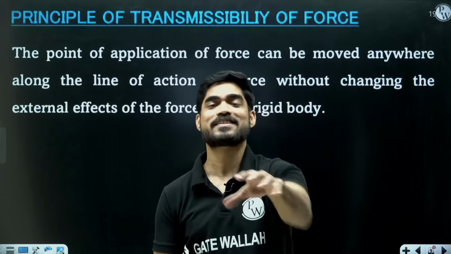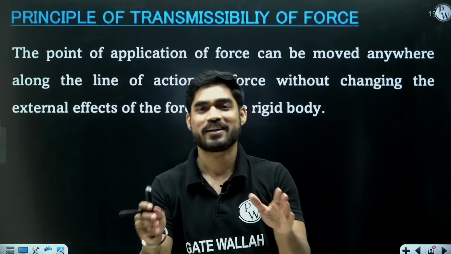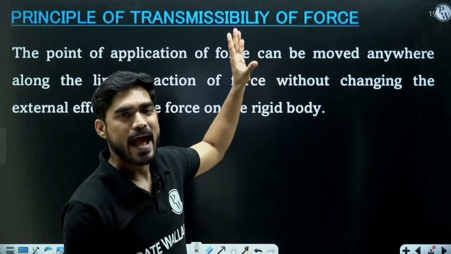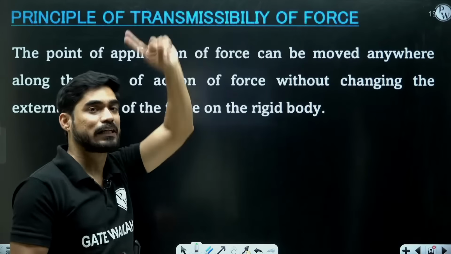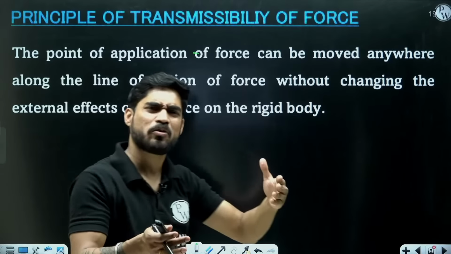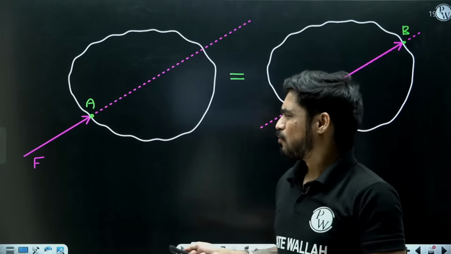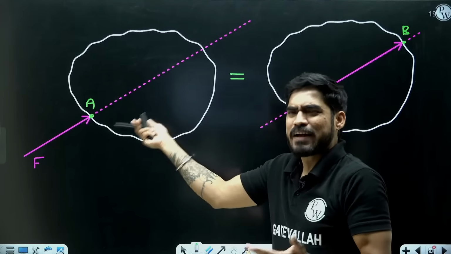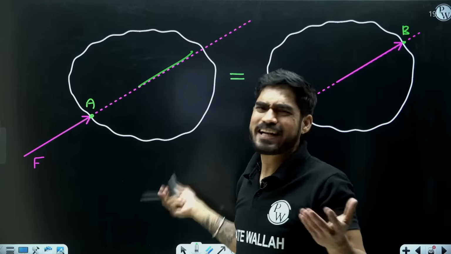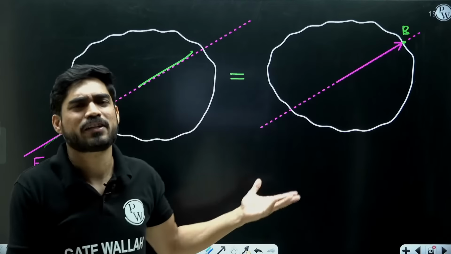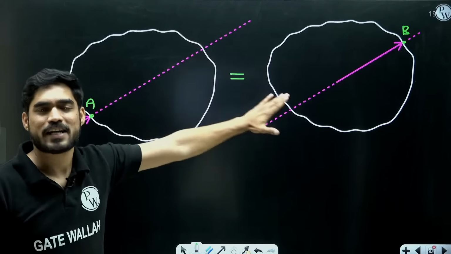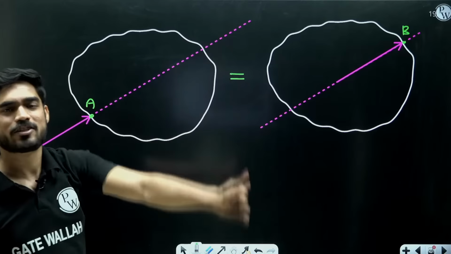So just be patient and wait for the actual application, then you will clearly understand why this principle is so important. Right now you might be wondering why we are moving this arrow, why it matters.